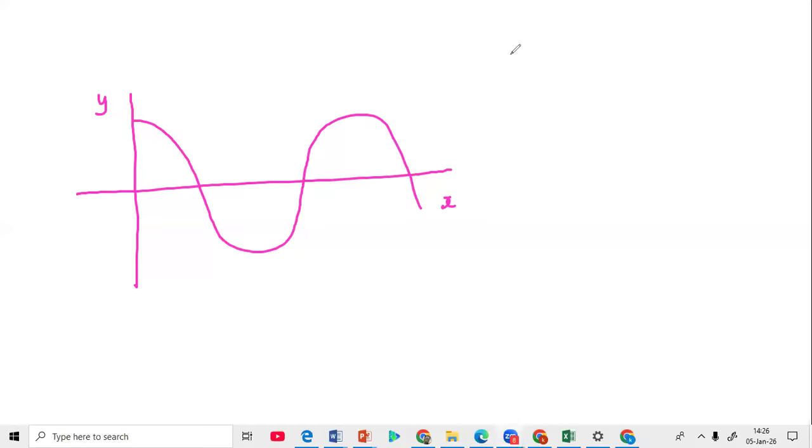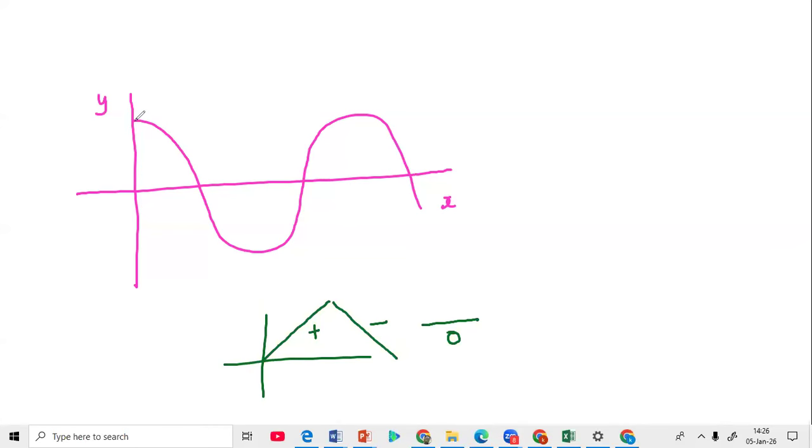I want you to remember, when we are finding gradients, that whenever I'm moving up like this is what we call a positive gradient. When you move down the slope in this form, this is what we call a negative. However, when I have a flat line, the gradient here is 0.